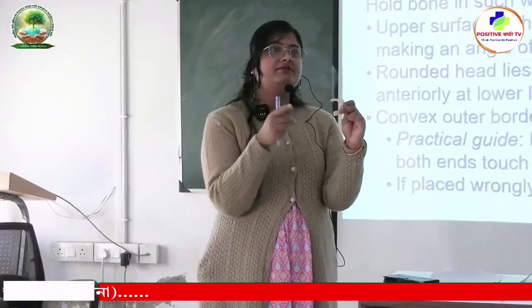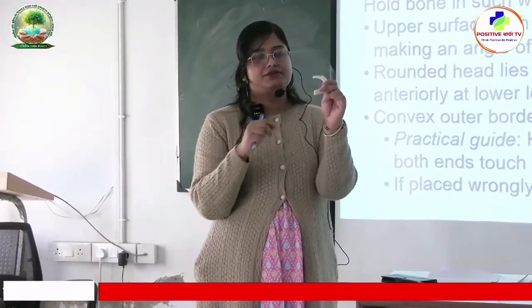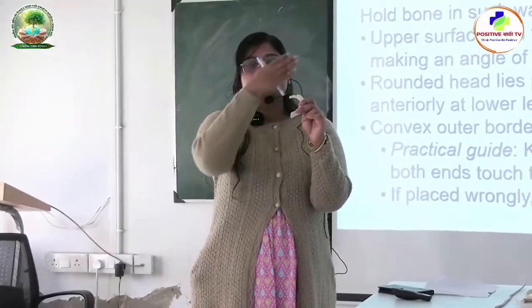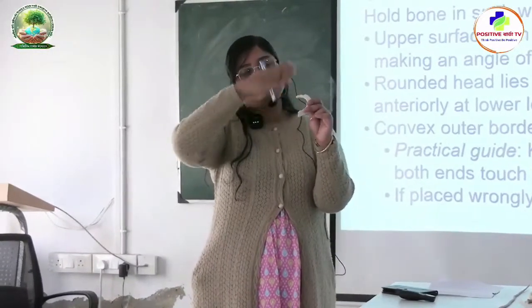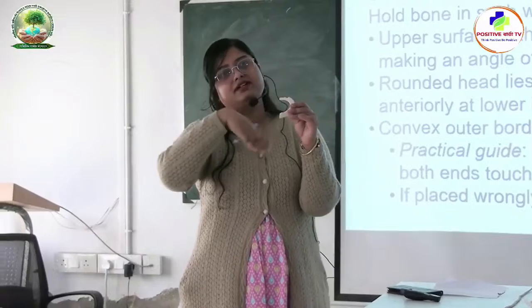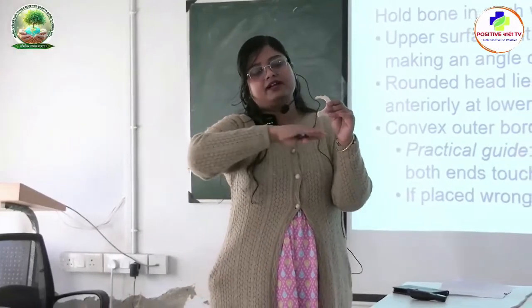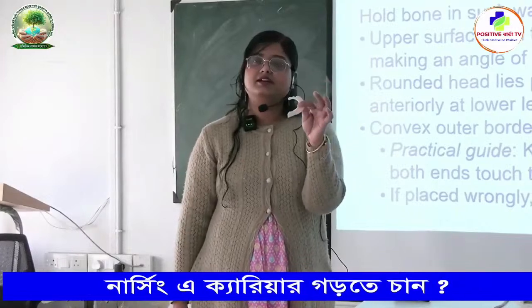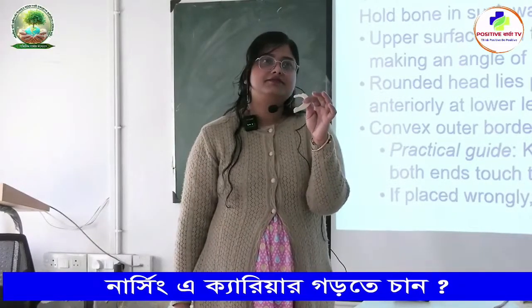Hold it with the same hand as the side it belongs to. The head will be above, the anterior end will be downward, and the flat surface of the rib will form an angle of 45 degrees with the horizontal plane. So this will be the anatomical position of the first rib.